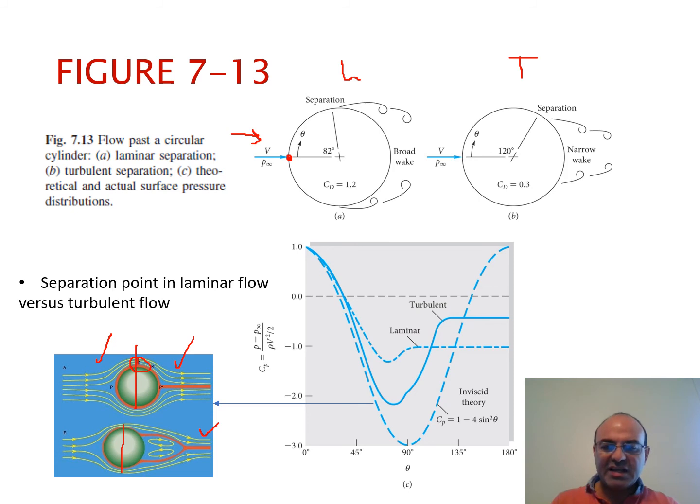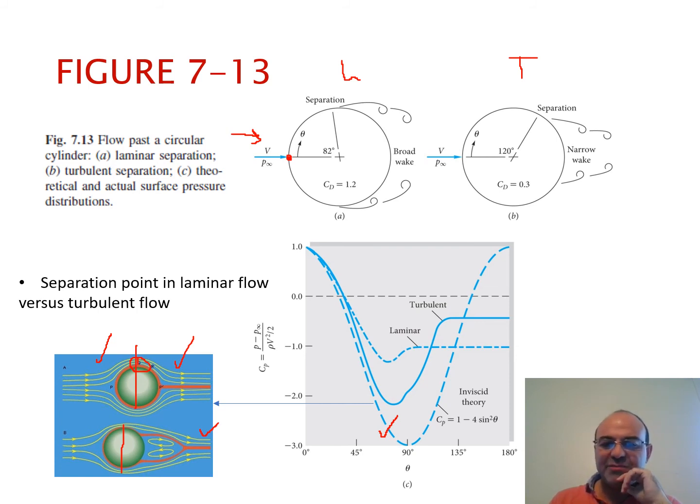If we look at this diagram here as well, this shows the pressure coefficient Cp. This is a little bit advanced, so we just want to mention the separation point. The details of this second diagram, the Cp, are not really necessary to understand.